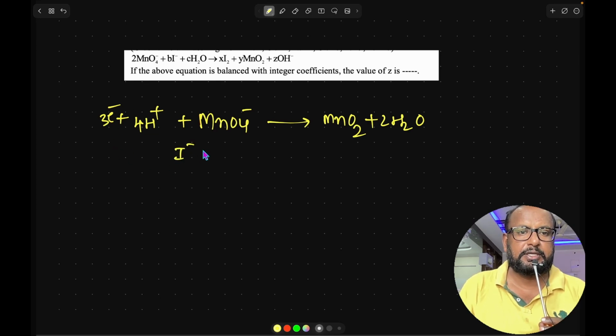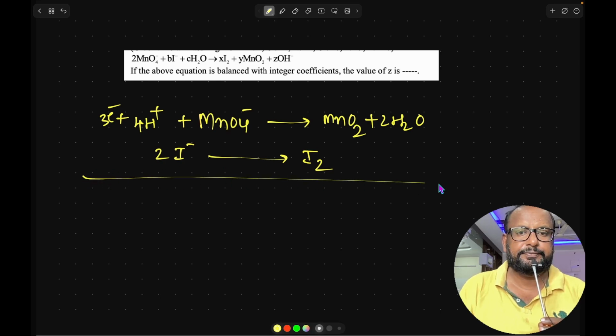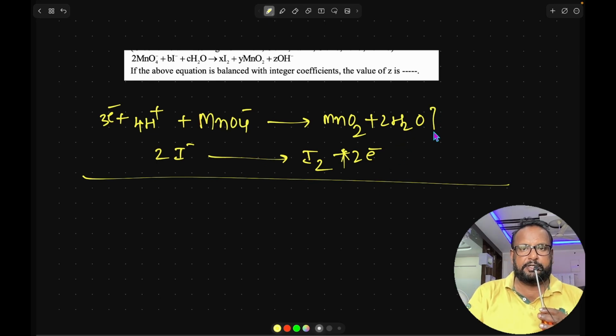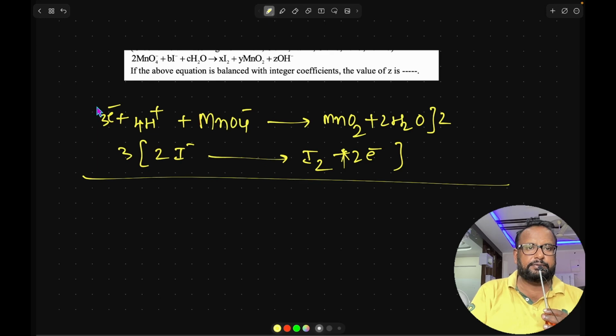On the other side, I minus gives you I2. So I'll take 2 here and 2 electrons. So I have to multiply it by 3 for the first and by 2 for the second, so that electrons are cancelled.